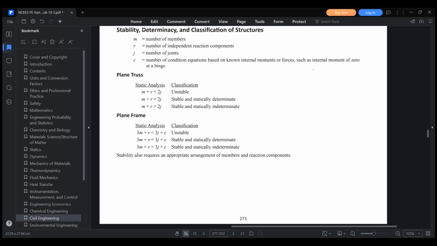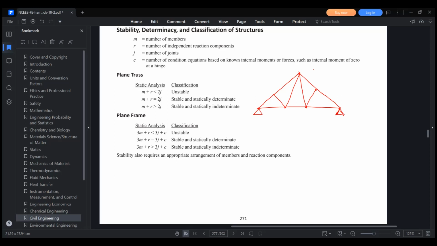So let's start with a truss determinacy check. So this may be a simple truss, for example, that you may see during the exam. So I will try my best to draw this. So we have pin supports. So as you know, all those joints here are pin joints in trusses.